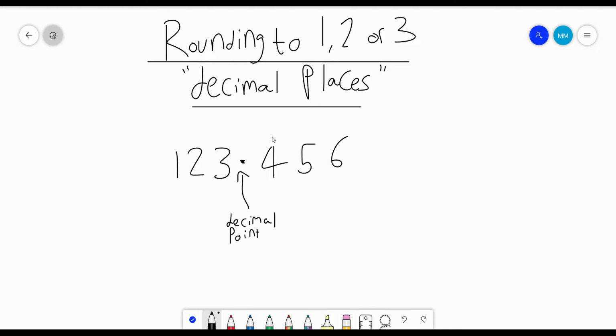Well, each number to the right of this decimal point is a decimal place. So this one here, let me get a different color pen. This one here is 1 decimal place. And this one here is 2 decimal place.